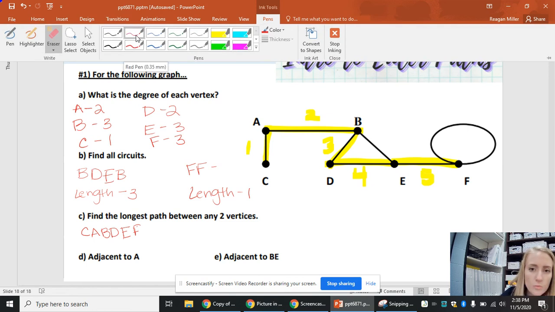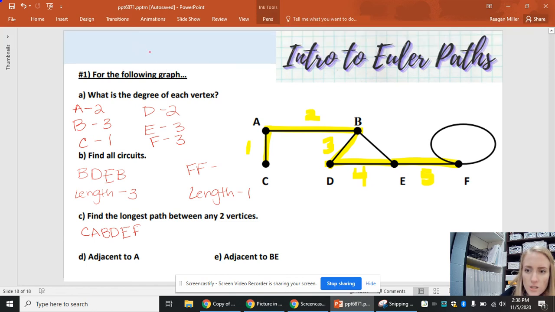And then if we're counting the length of the longest path between any 2 vertices, we've traveled 1, 2, 3, 4, 5 different edges. And we do 6 letters, so it makes sense that our length is 5 because that's 1 less than 6.